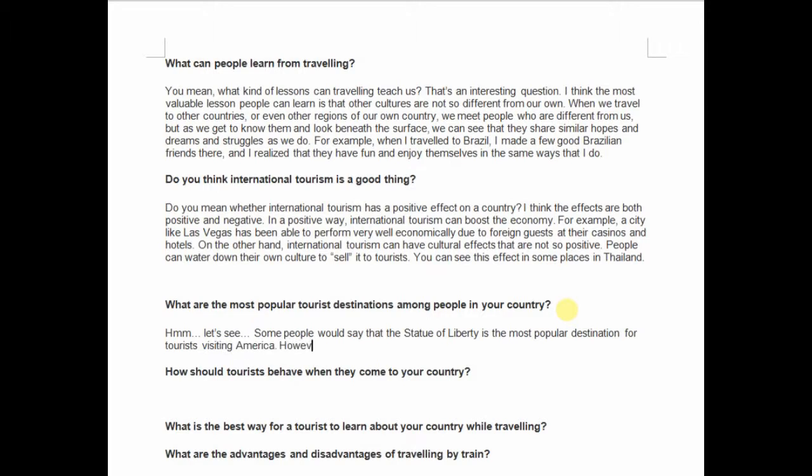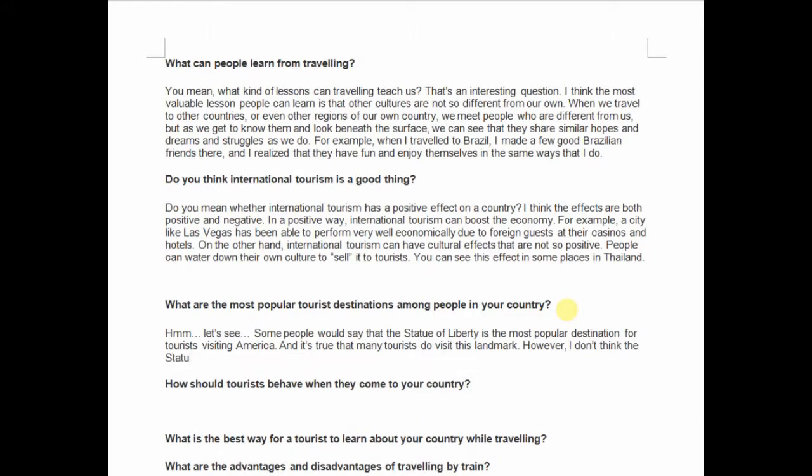And let's add one more sentence. And it's true that many tourists do visit there. However, I don't think the Statue of Liberty is particularly interesting.